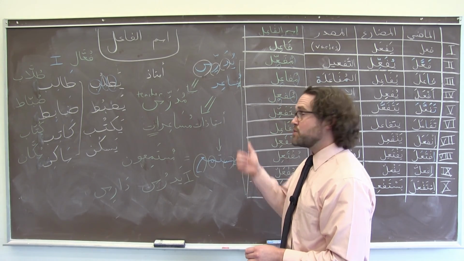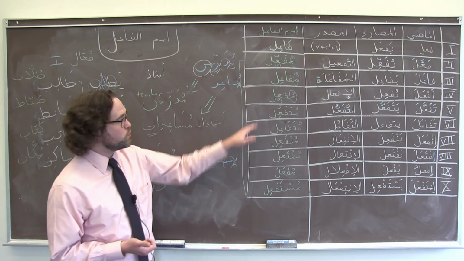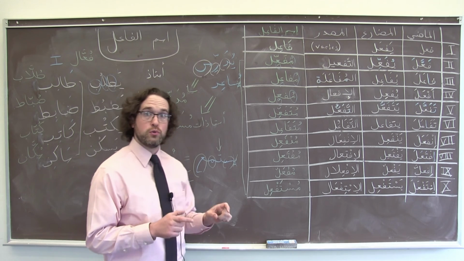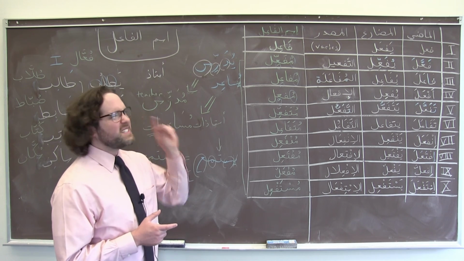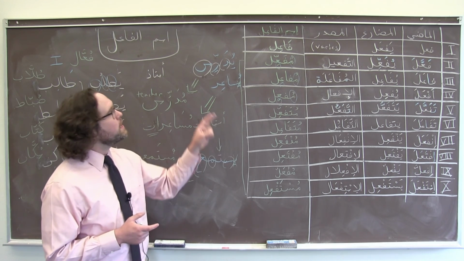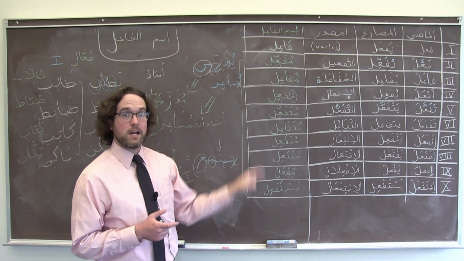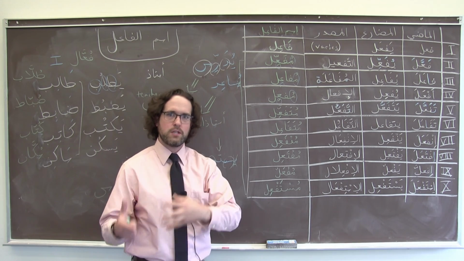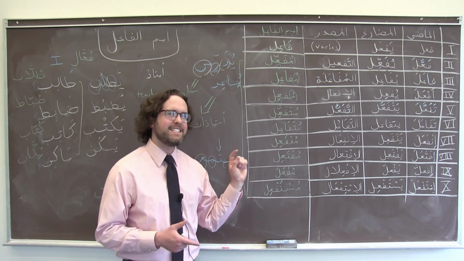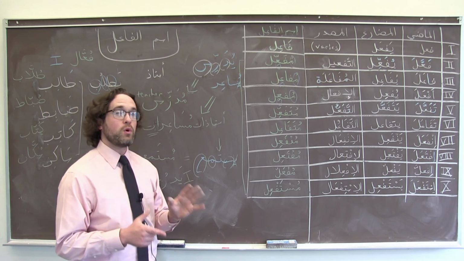But it's really great to get a handle on these because once you figure out how these forms work, if you can match it up with your knowledge of meaningful judhur, meaningful roots, you can save a lot of dictionary time. You can save a lot of time looking things up if you can say, aha, I recognize that it's an ism fa'il pattern, that it's the doer of such and such an action, so I can conclude safely, even if I don't know the exact definition, what the word means, more or less.